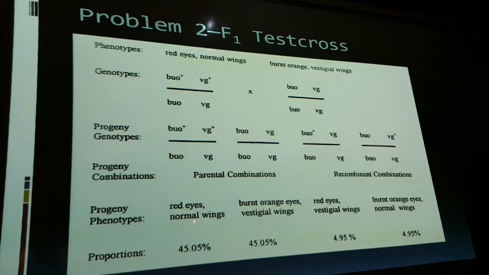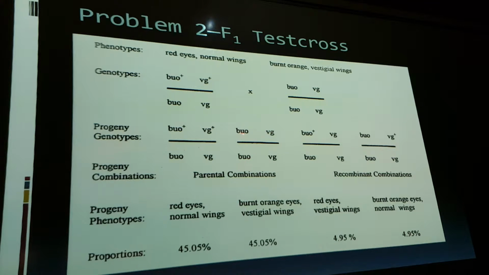And so then you'll be asked, and you'll be doing this on my quiz next week. Only you'll probably be asked to get the F1. And you'll be asked to write the phenotypes of the offspring too. So you see that's not burnt orange because it's got a dominant gene, which is red. And that's not a vestigial wing because it's got a dominant one, so it's got a normal wing.